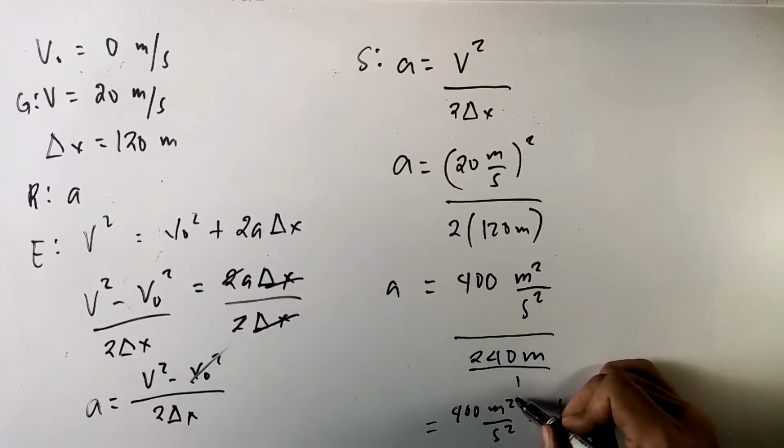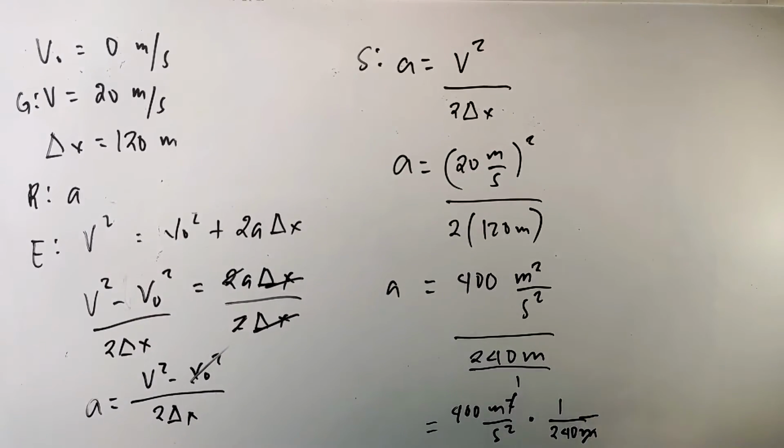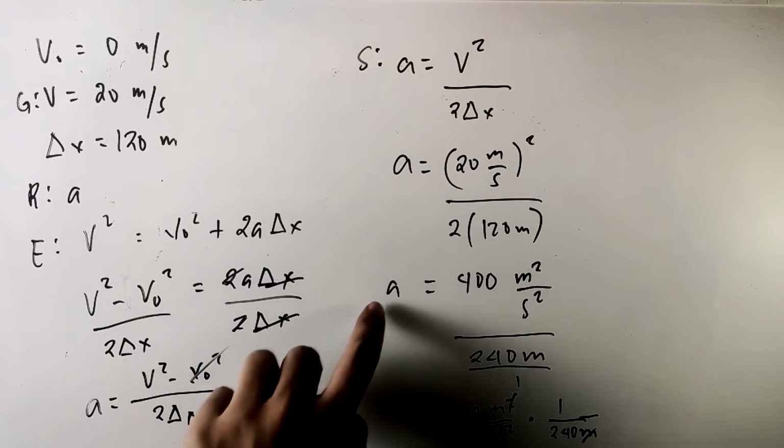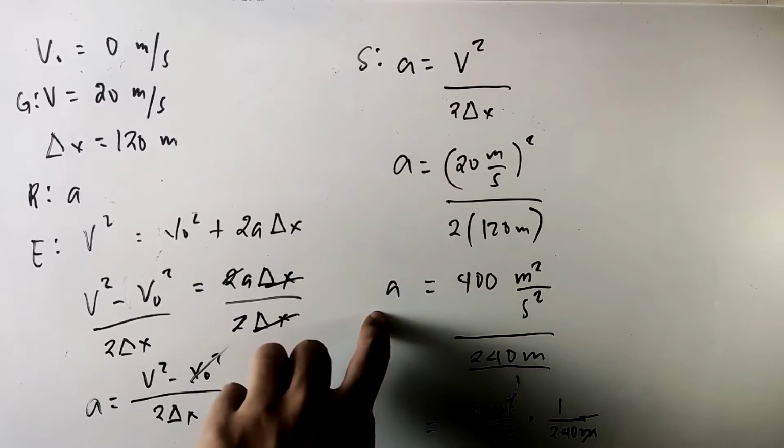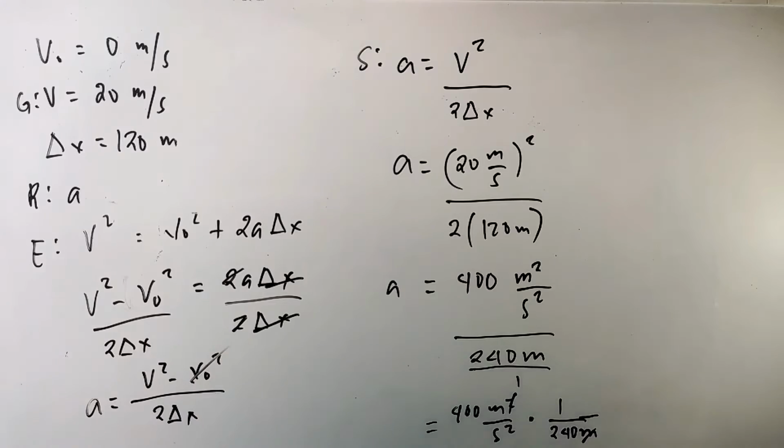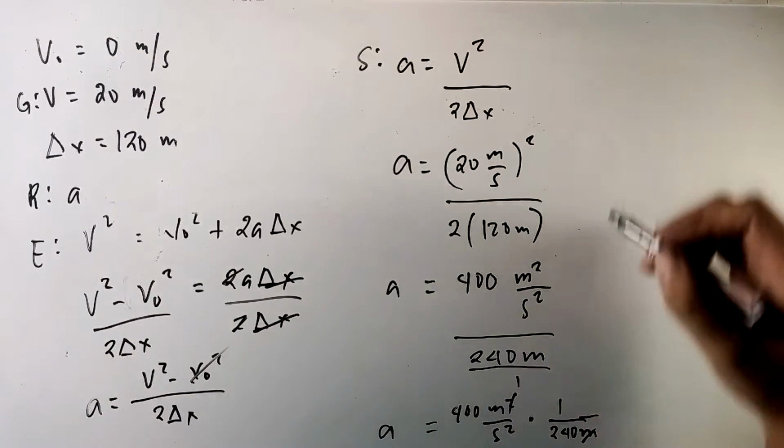So cancel meters here, cancel meters here. Always show the cancellation of the units. I really want to see what would happen to the units. Alright, so what's remaining? Meter per second squared, which is correct because the required, the one that we're looking for, is acceleration, correct? So you can just input this on your calculator.